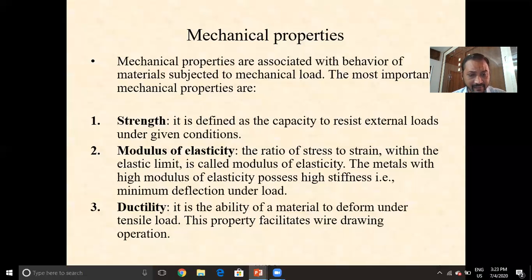The next one is ductility. This is also one of the important properties. This property plays an important role in drawing wires.